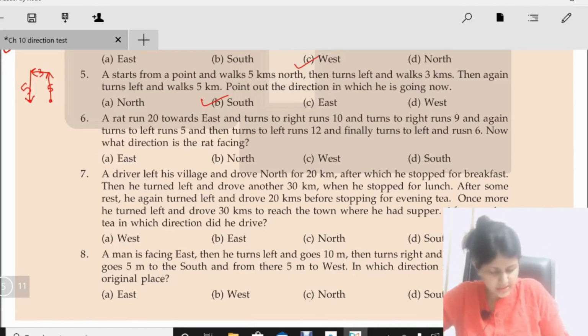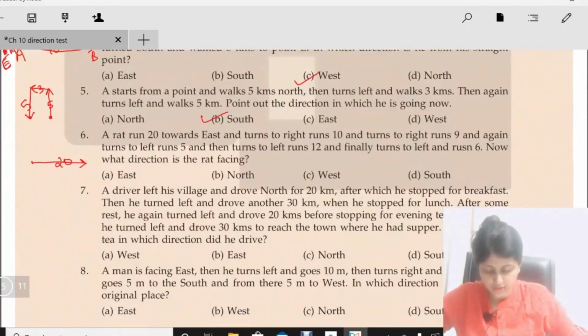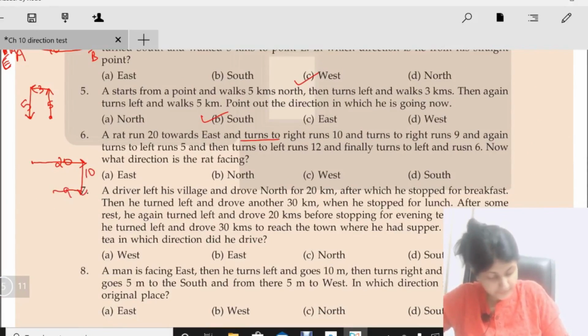20 towards east. A rat runs 20, they have not given the unit, we'll assume anything or no need to assume. Yes, a rat runs 20 towards east and turns right and turns to right, runs 10, and turns to right, runs 9, and again turns to left, runs 12.